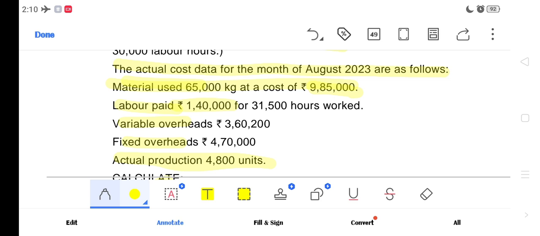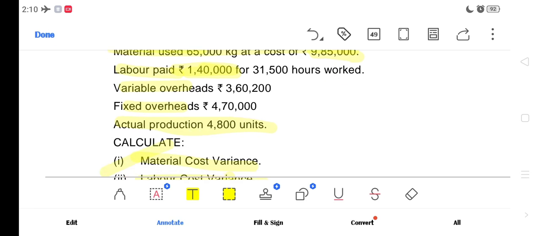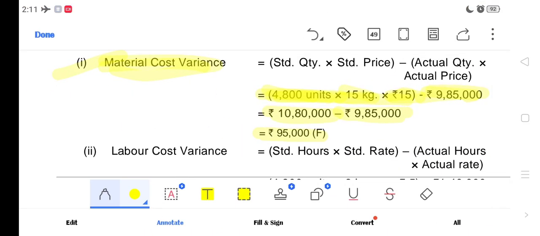They have given the actual labor cost, and we have to find the standard cost. Using the actual produced units only, we have to find the standard one.